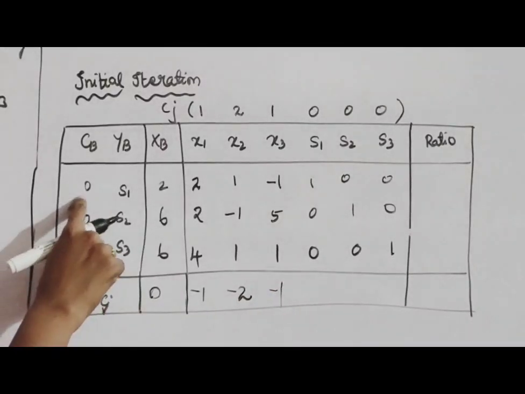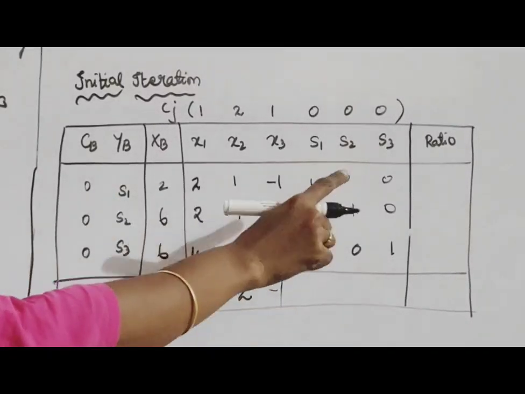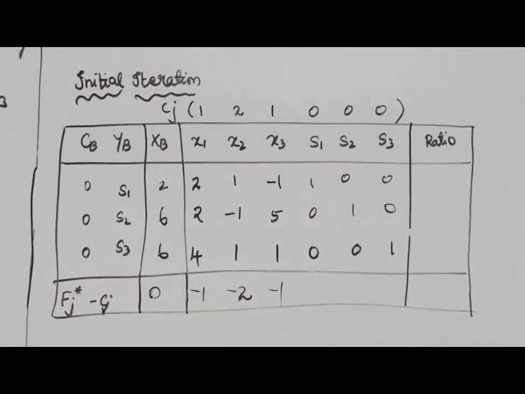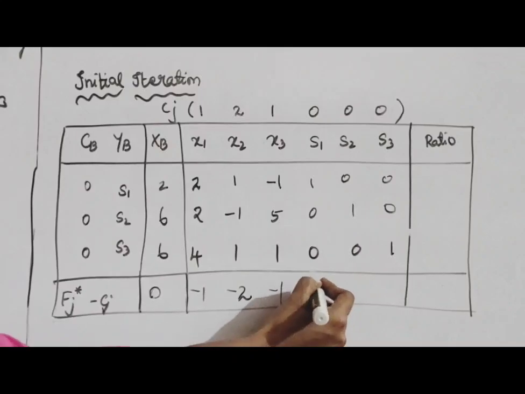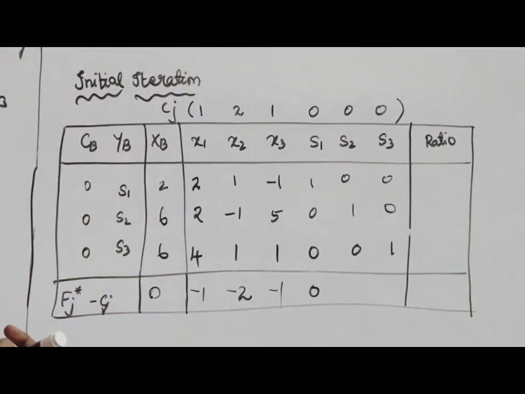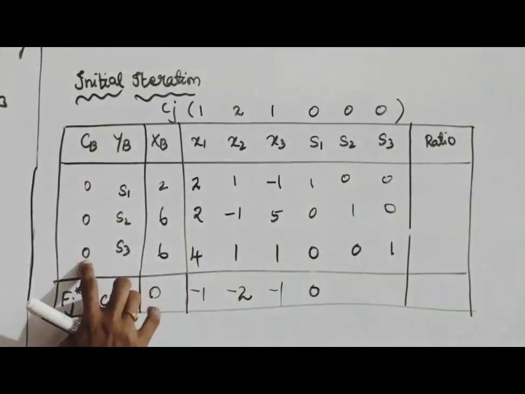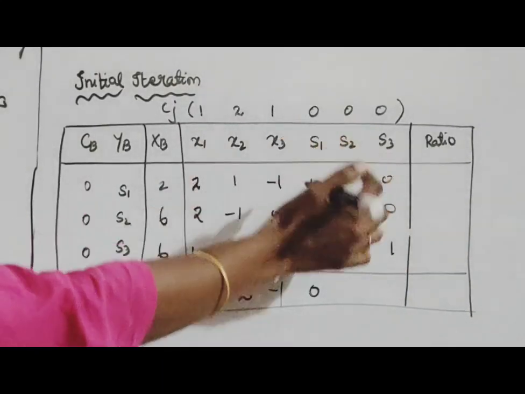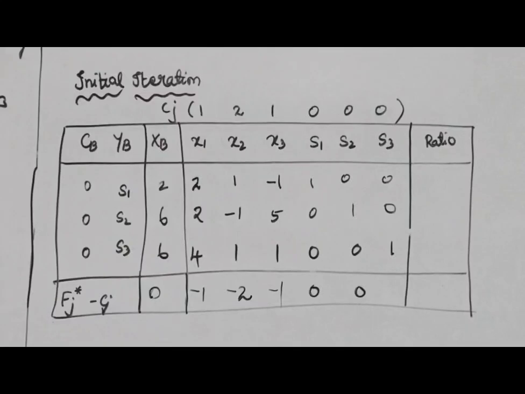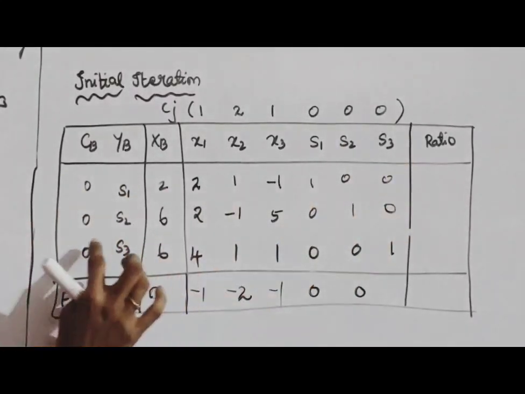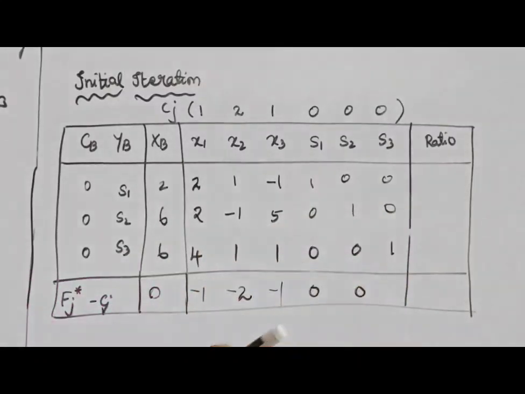For the next variable s1, 0 into 1, 0, plus 0 into 0, 0, plus 0 into 0, minus 0, that is 0. For s2, the value is 0, and for s3, minus 0, we are getting 0.